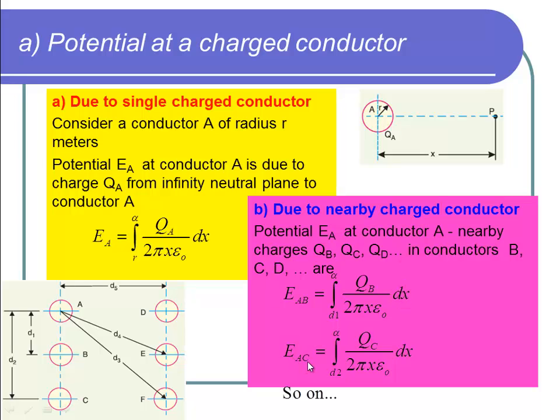In case of EAC, that is the electric potential on conductor A because of charge QC, it is equal to integral of D2 to infinity of QC by 2 pi x epsilon naught dx, and so on. Similarly for the remaining conductors, up to EAF, we can go ahead like that. Finally, if we sum up all the potentials, then we will get the net potential of conductor A.